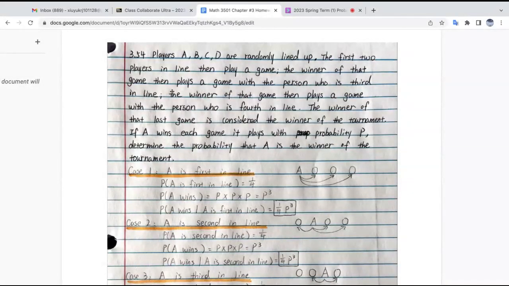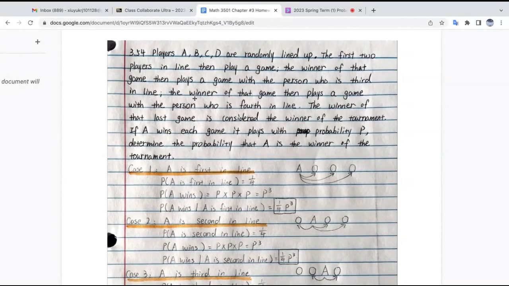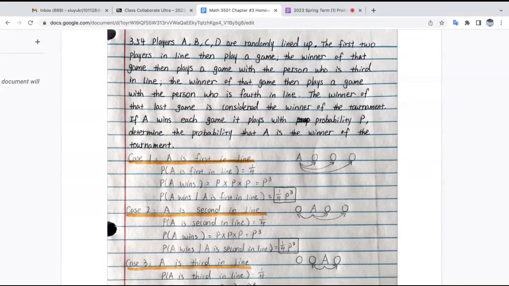The question is: players A, B, C, D are randomly lined up. The first two players in line then play a game. The winner of that game then plays a game with the person who is third in line. The winner of that game then plays a game with the person who is fourth in line.